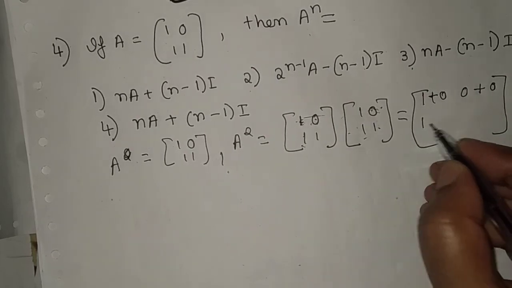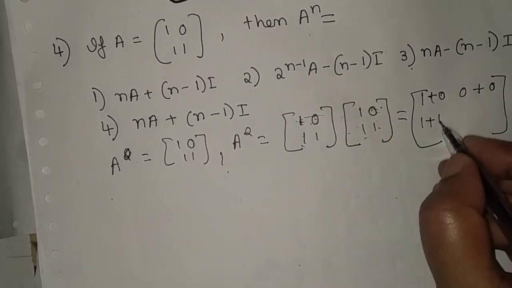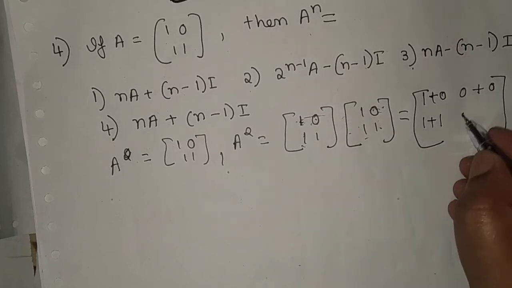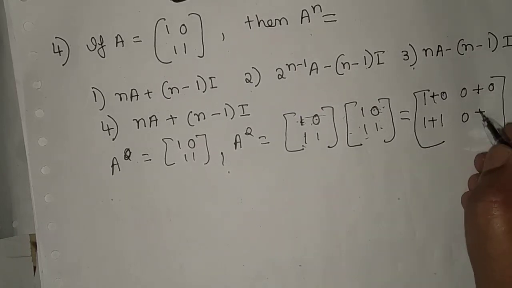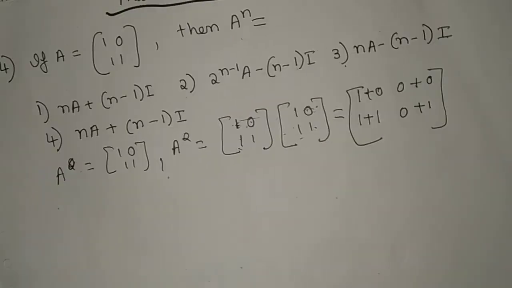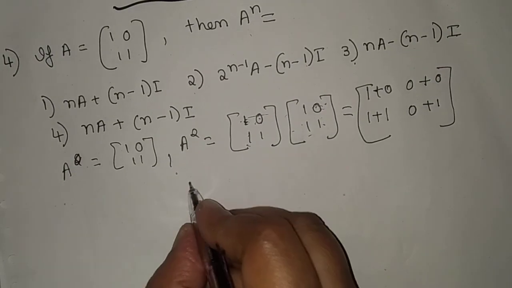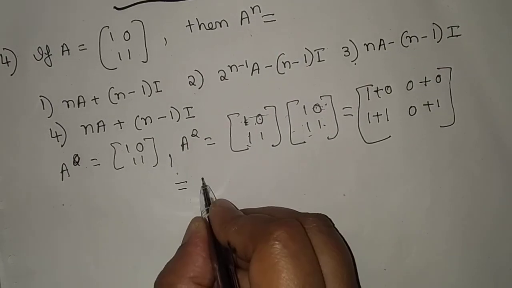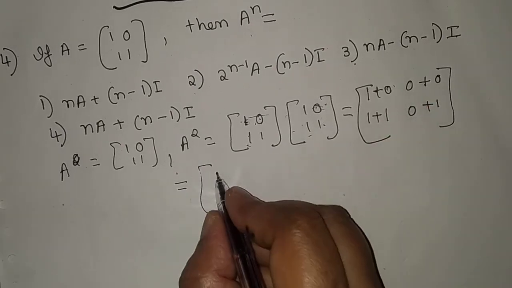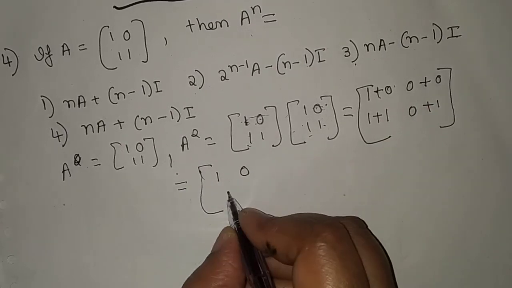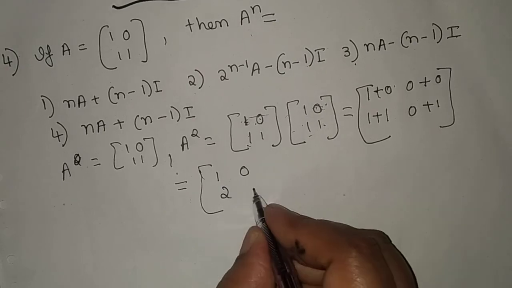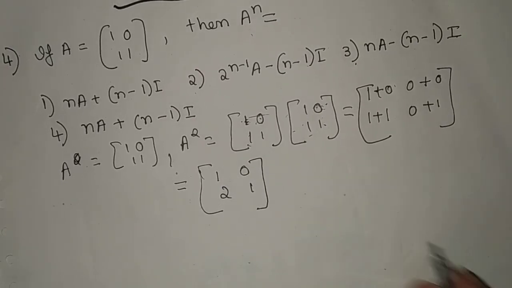Again this one, 1 into 1, 1 plus 1 into 1, 1. Again 1 into 0, 0; 1 into 1, 1. Therefore multiplying, A square is equal to, simplify, 1 0, then this one is 2, again we get 1.